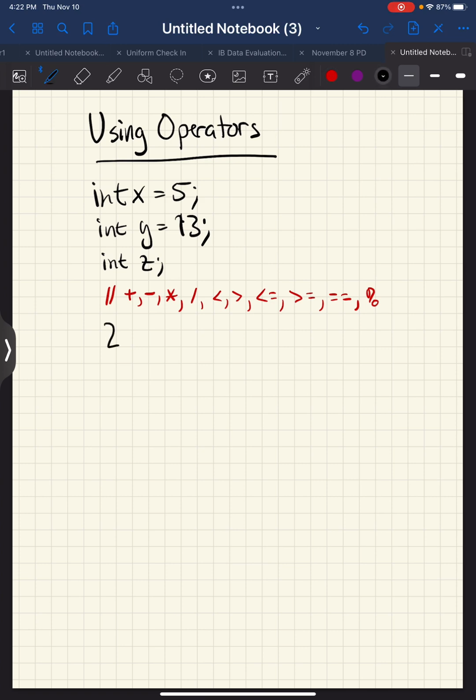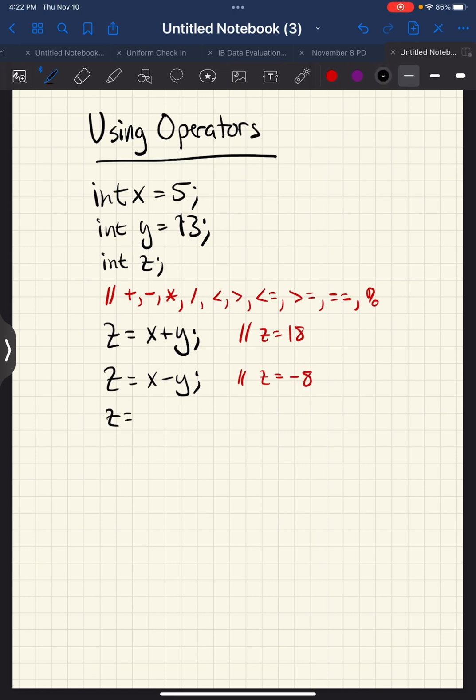So if we say z equals x plus y, we're going to make z equal to the sum of 5 and 13, or 18. If we say z equals x minus y, that's going to make z equal to 5 minus 13, which is -8.